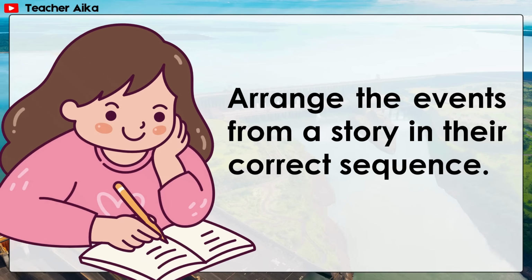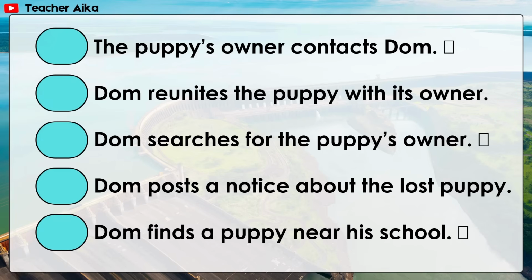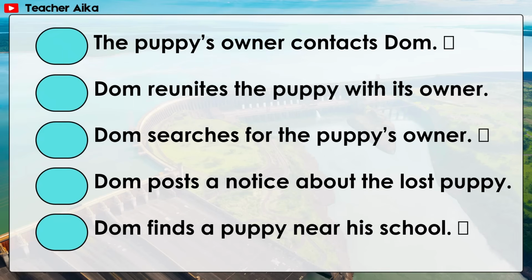Arrange the events from a story in their correct sequence. Let's answer. 1. Dom finds a puppy near his school. 2.